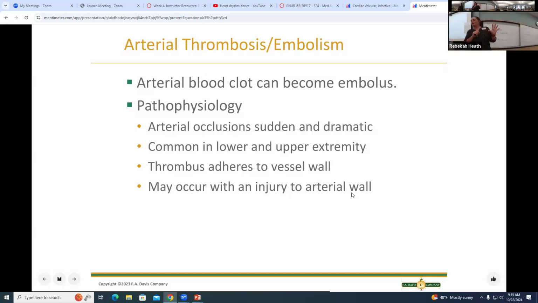So when we're looking at the arterial side, like arterial thromboembolisms, because the arteries send the blood out somewhere, that's kind of the highways. If you get an arterial area that's clogged, you're going to have pretty sudden symptoms. It's common in upper and lower extremities, but that clot usually will adhere to the vessel wall and stop the flow.